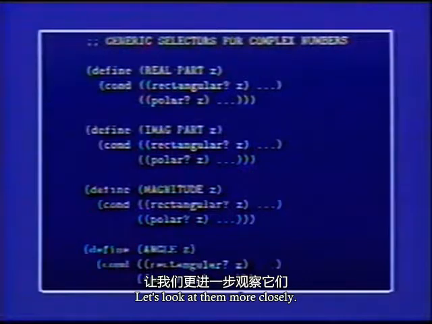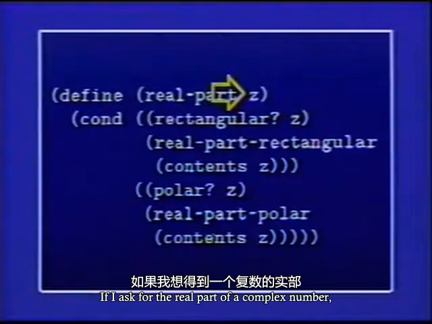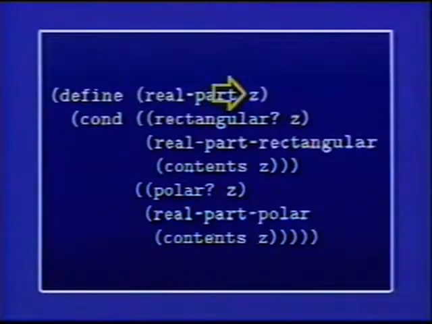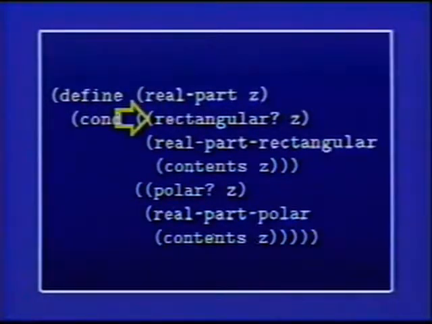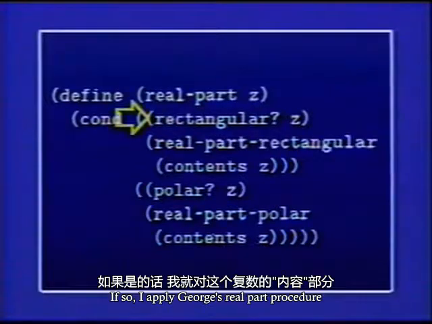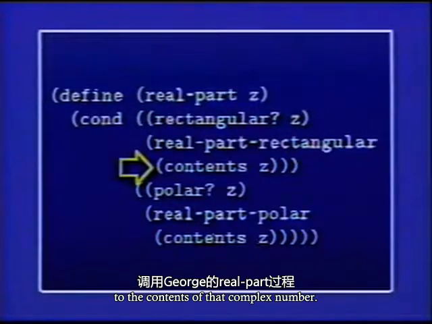Let's look at them more closely. What does real part do? If I ask for the real part of a complex number, well, I look at its type. I say, is it rectangular? If so, I apply George's real part procedure to the contents of that complex number.